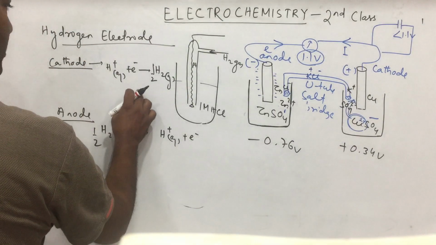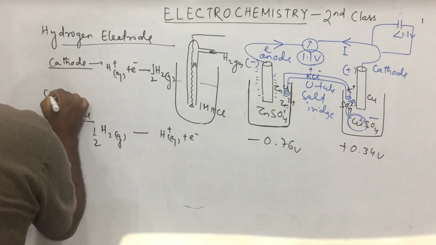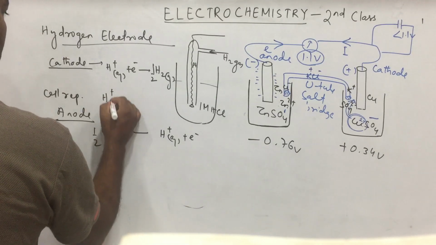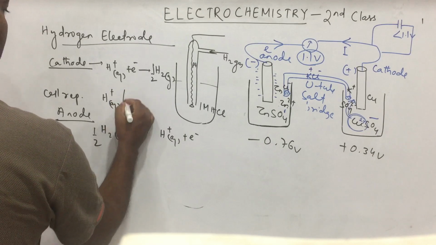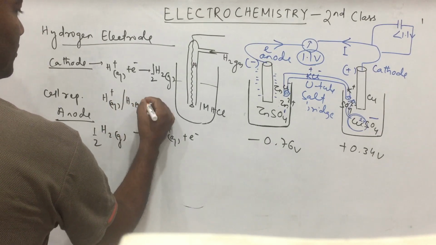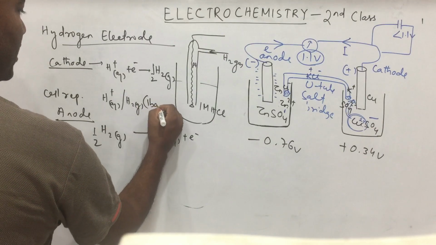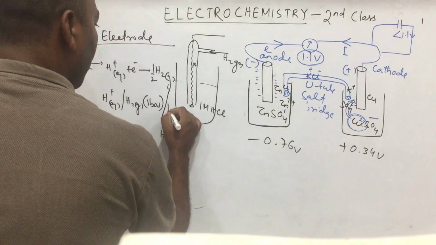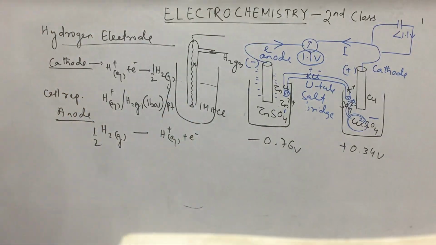So what will be its cell representation? Its cell representation is like this: H plus aqueous slash H2 gas, bracket 1 bar pressure, because it is a standard electrode, 1 bar pressure, slash platinum, because platinum is used as electrode.